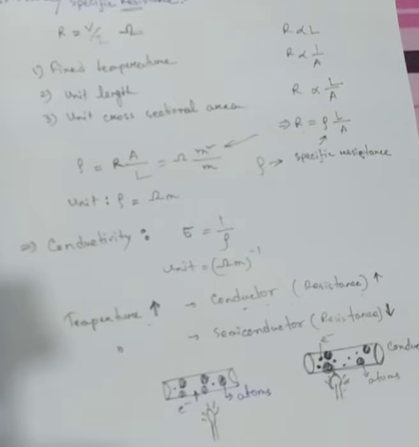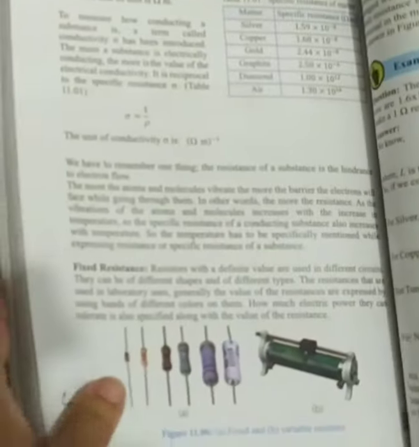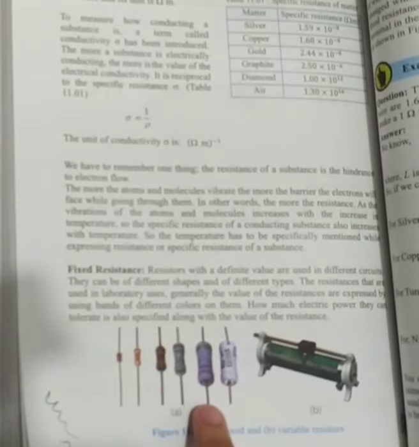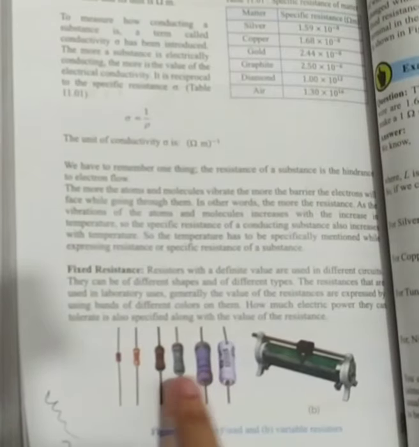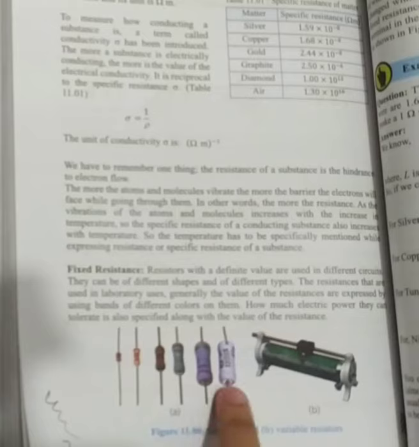Next, we will try to know about fixed resistance and variable resistance. In case of fixed resistance, there are two pictures in your book. If you just have a look at this picture, these are examples of fixed resistance.